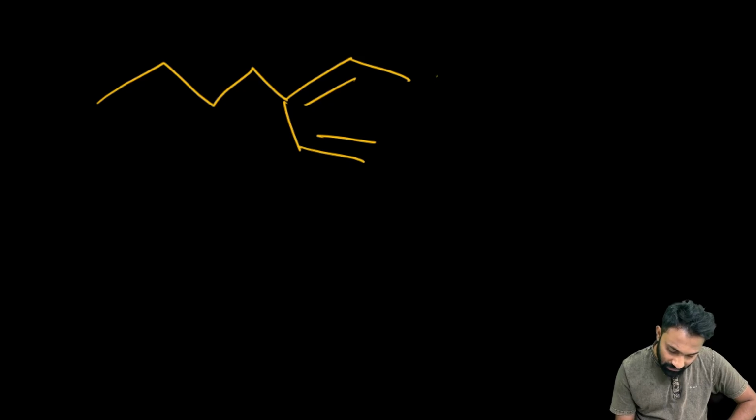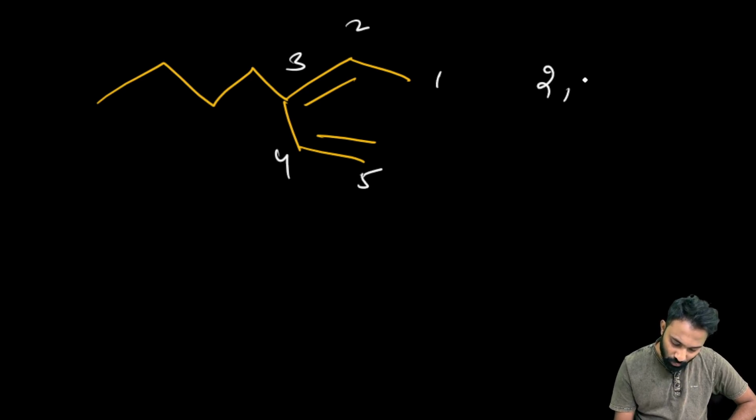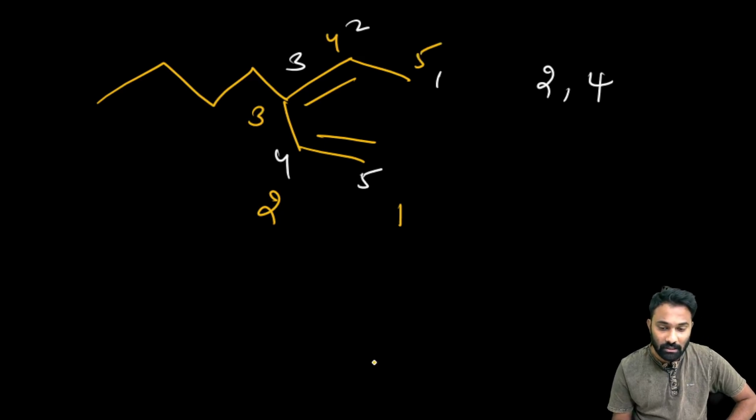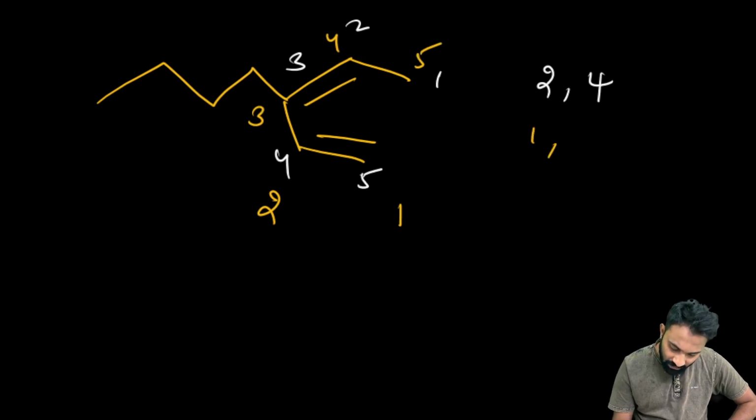So if you start numbering from the white side, 1, 2, 3, 4, 5, the double bonds get positions 2 and 4. If you start numbering from the yellow side, the double bonds get positions 1 and 3.